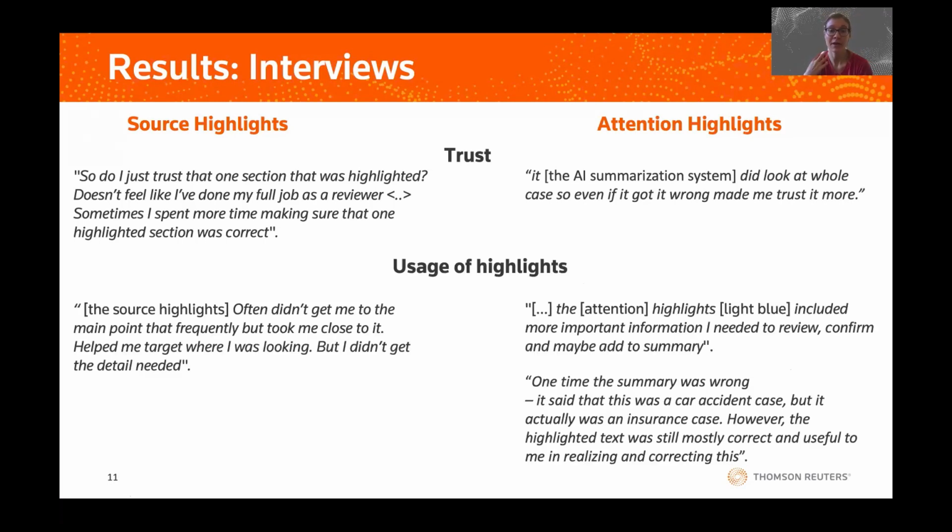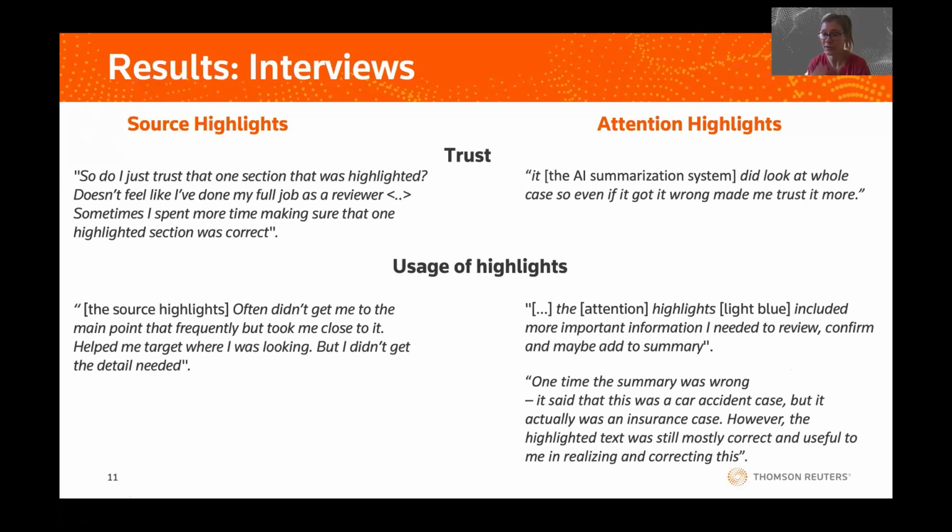Now, in terms of how the highlights were used, the source highlights were primarily used as a way to get to the area of the document where the key details relevant to the summary might be. However, they were not always there. Whereas attention highlights did take them to the area of the document where the key details of the summary were.